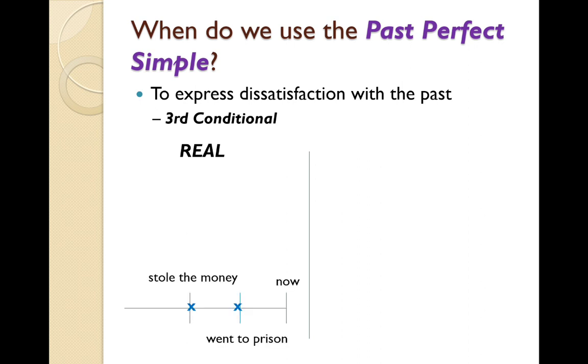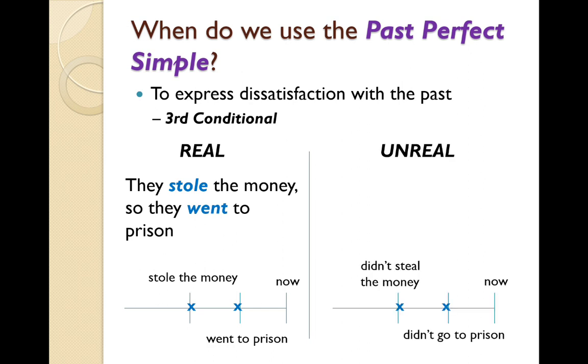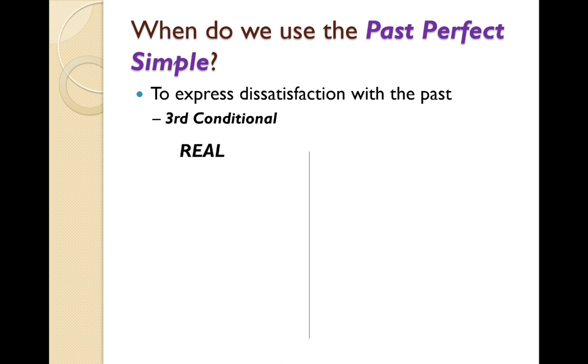Let's have another one. Stole the money, went to prison. They stole the money, so they went to prison. Pretty unhappy situation, this. No one wants to be in prison. So, imagining a different reality now. They didn't steal the money, and they didn't go to prison. If they hadn't stolen the money, they wouldn't have gone to prison. Didn't know, didn't help.